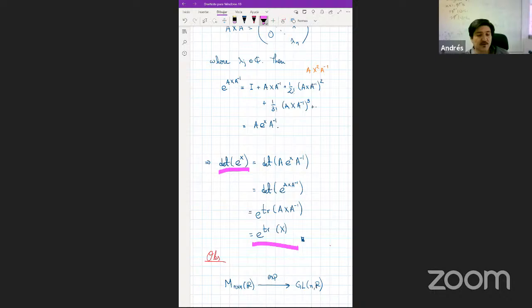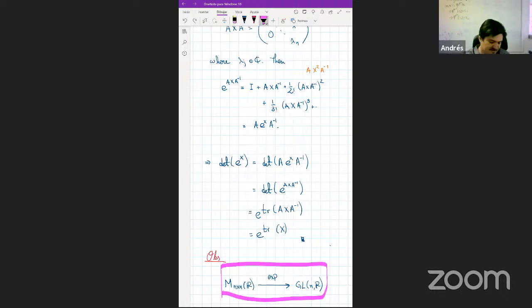In particular, it cannot be zero. So this matrix is always non-singular. So in fact, the exponential of matrices is giving me this function. I take any matrix whatsoever, and I will obtain a non-singular matrix.